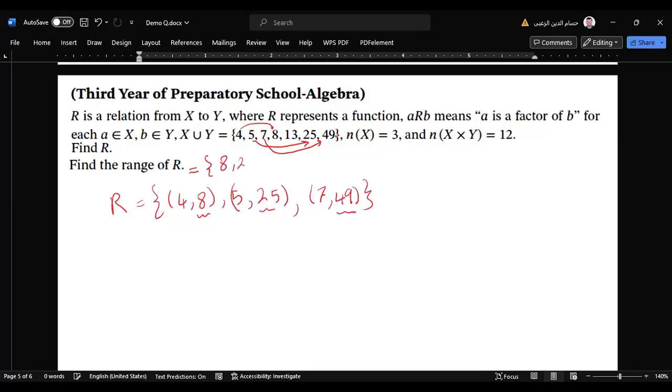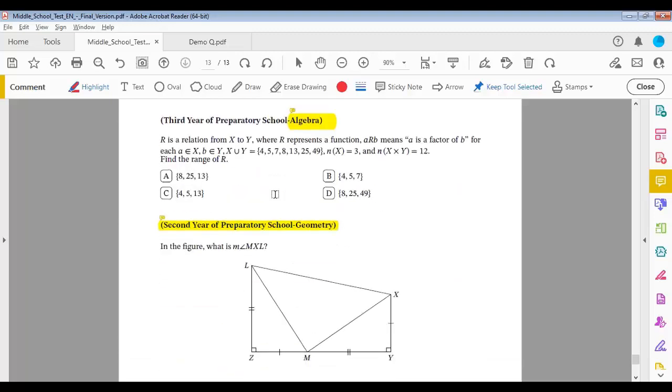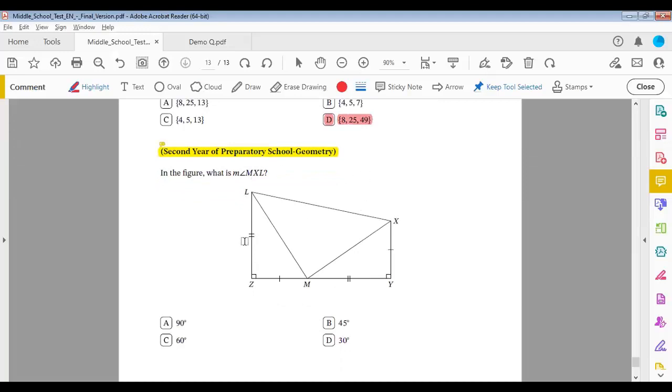So the answers of these two questions are: R is as above, and the range is 8, 25, 49, the images. And let's try the last one.